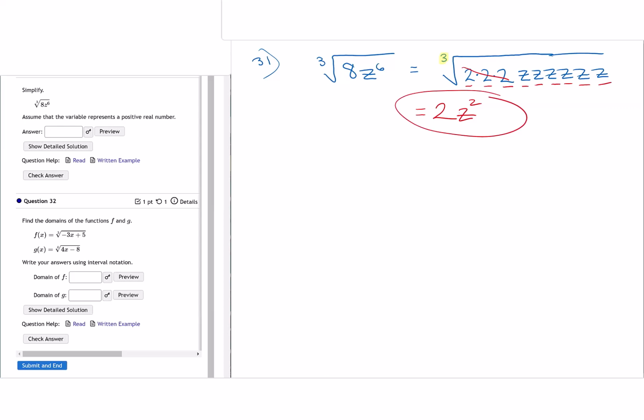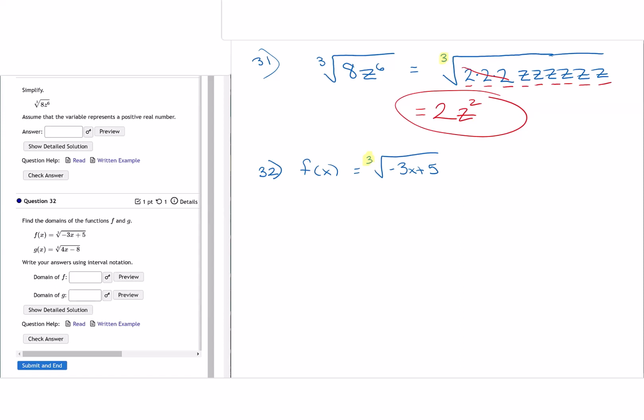And 32, it asks us to find the domain. Now we're going to use the rule I wrote out. If I want to find the domain of f of x equals the cube root of negative 3x plus 5, because my index is odd, I can have positive numbers, I can have negative numbers, I can have 0.